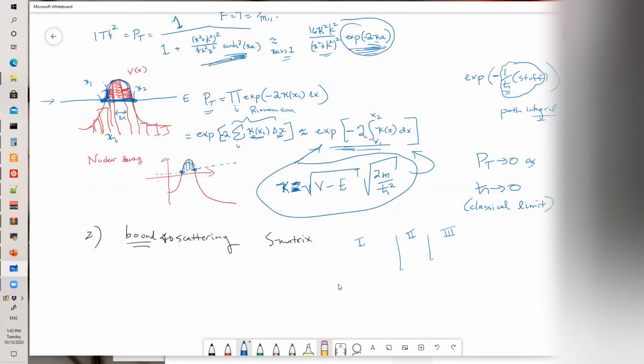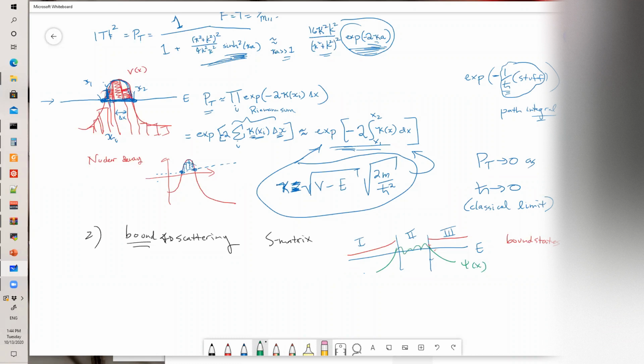The only real difference for bound states is that out in regions 1 and 3, your energy is smaller than the potential, so you get exponential decays of the wave function. The psi of x decays away in regions 1 and 3.